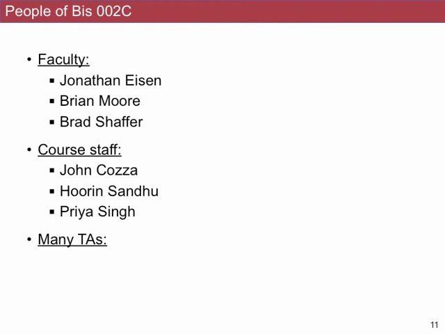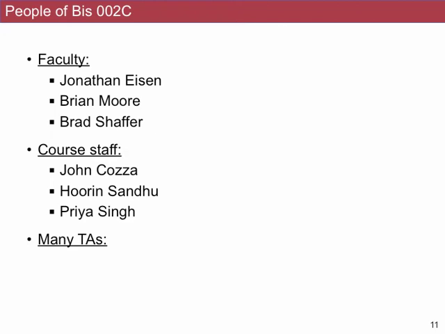All right, so what I'm going to do here is now introduce you to some of the course staff, and they're going to tell you a little bit more about what they do here. Actually, John Koza, who's the course coordinator, is really the person you should go to with questions about details about the class.